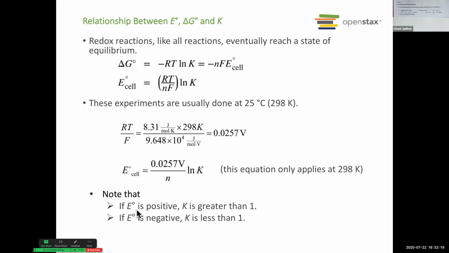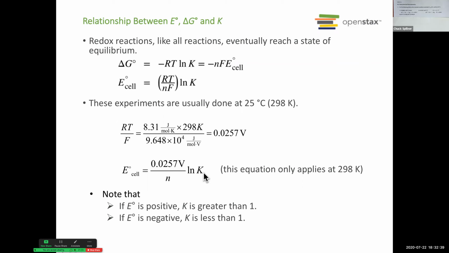Note that if the standard cell potential is positive, look at this, if the cell potential is positive, then K is going to be greater than 1, which you know, those go together. Those both are required for a spontaneous reaction.